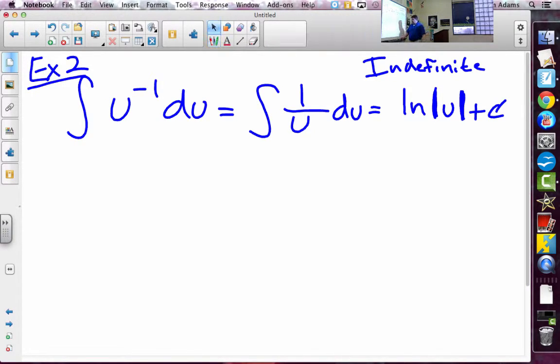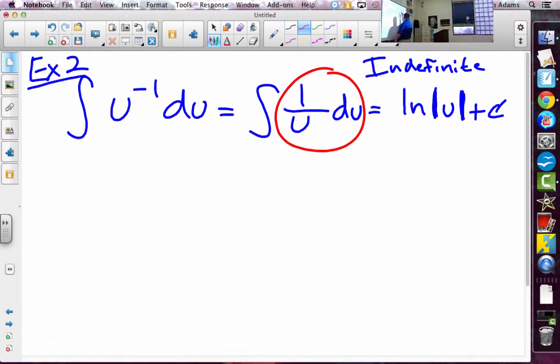So what your textbook wants us to do is easy if you've memorized the relationship of the natural log of the absolute value of u: if you take the derivative of that, you get 1 over u. Well, we've got to verify that. Actually, I'm not going to verify it right now, because we already verified that when we covered the derivatives.